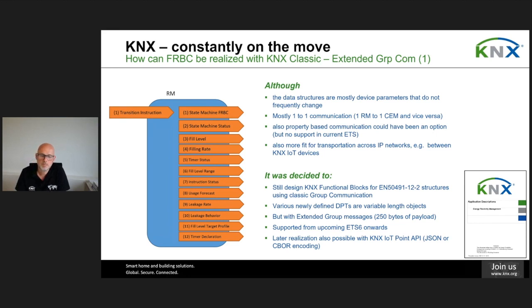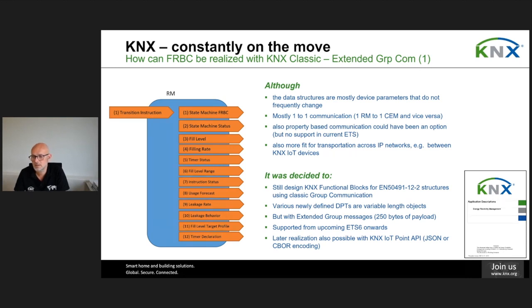But for some of the options, you would need Point API, and Point API IoT is still under development, so it's not yet there. So it was decided to still design the KNX functional blocks for these structures using classic group communication. The newly defined DPTs are mostly of a variable length.